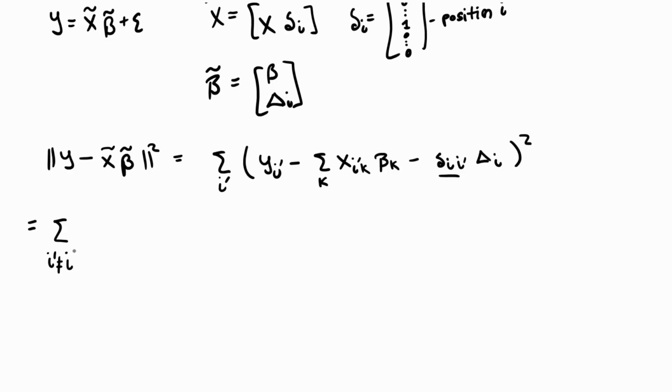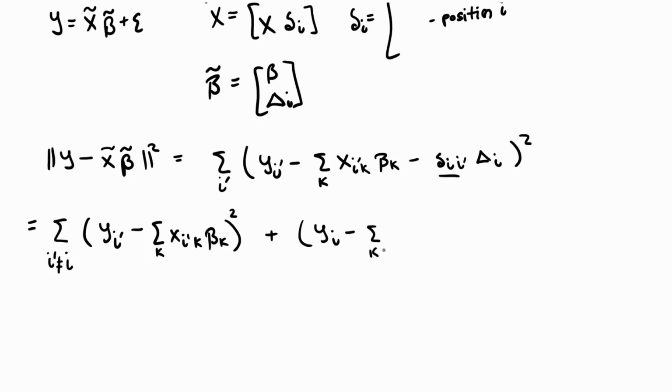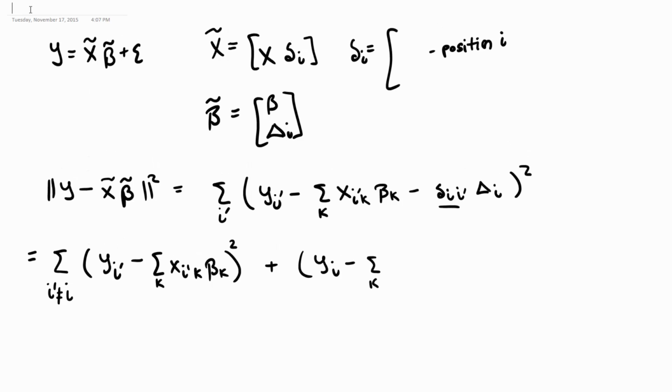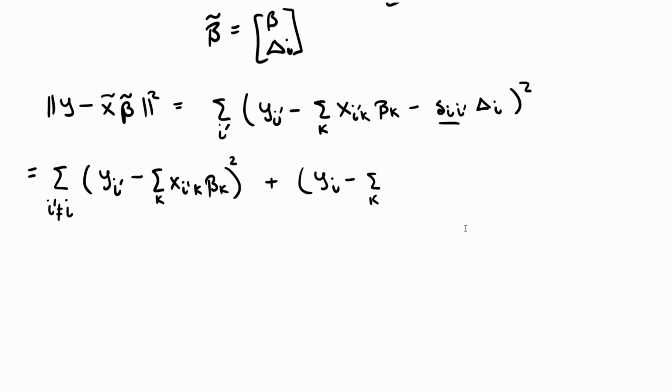So for i not equal to i prime, this is just going to be the summation of y_i prime minus the summation over k of x_i'k beta_k, and then plus the one instance where i prime equals i, y_i minus the summation over k of x_i'k beta_k minus delta_i, squared.